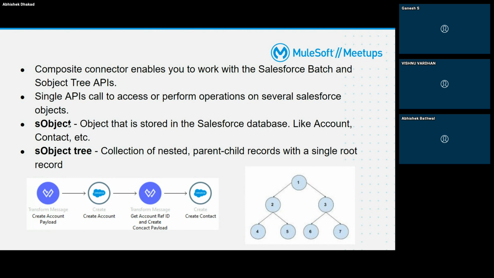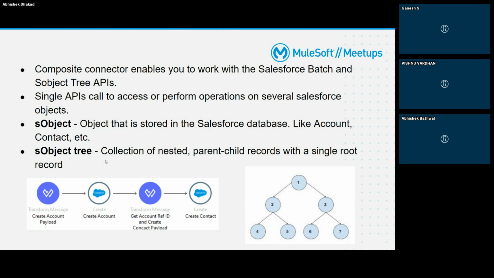And S Object is an object that is stored in the Salesforce database, like account and contact. The use of Salesforce Composite Connector is that instead of making frequent calls to Salesforce, we can have one single call where we can perform multiple operations which we used to do in separate calls. So that's the benefit of Composite Connector.